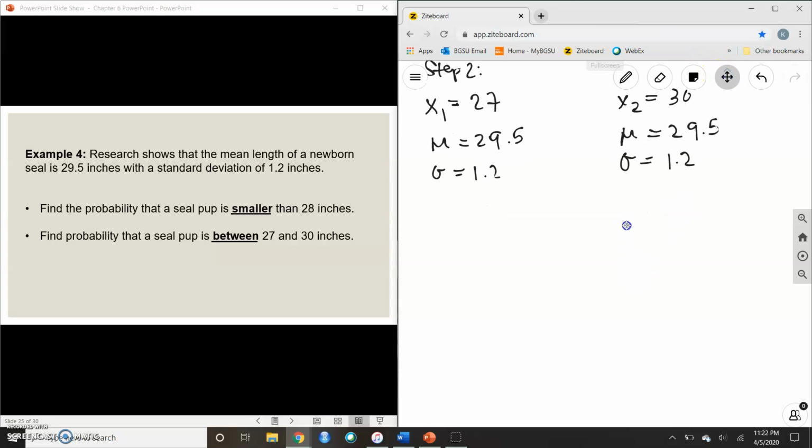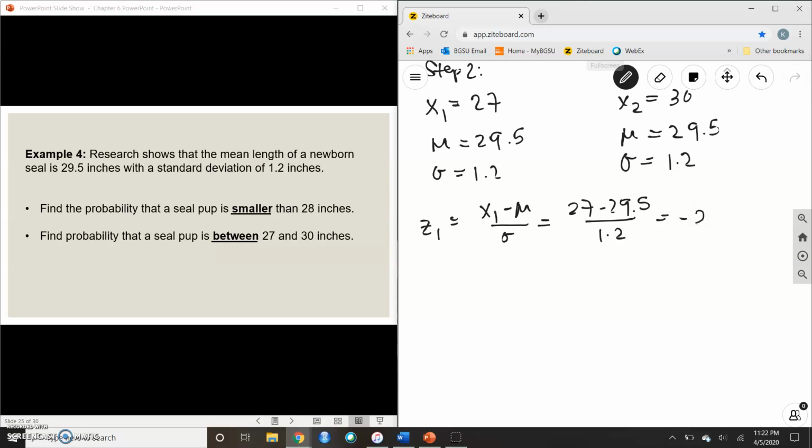Since we have two x values, we're going to have two z-scores. For my first z-score, I'm going to call that z1. z1 is going to be x1 minus the mean all over sigma, which is 27 minus 29.5 all over 1.2, which is going to give me -2.08.